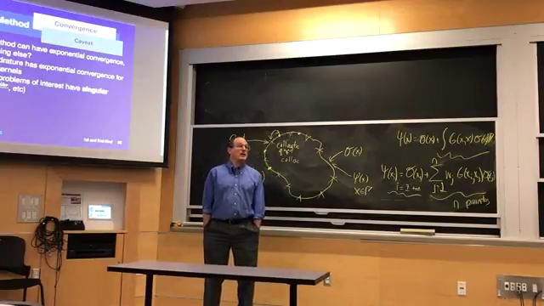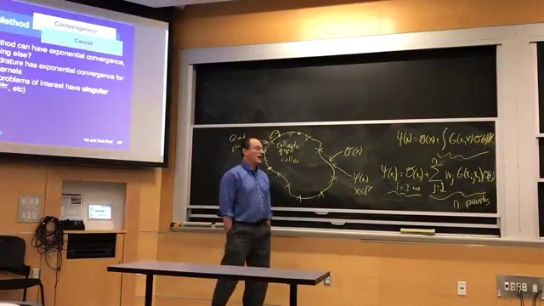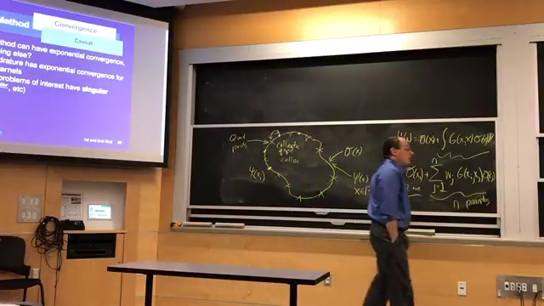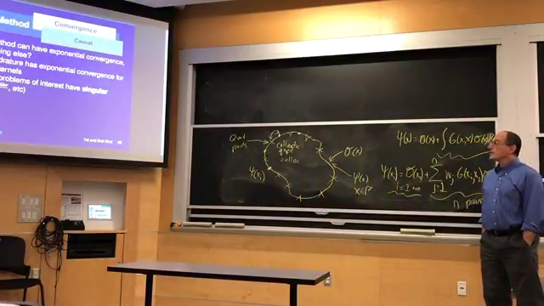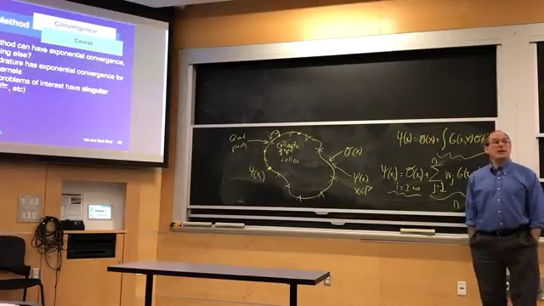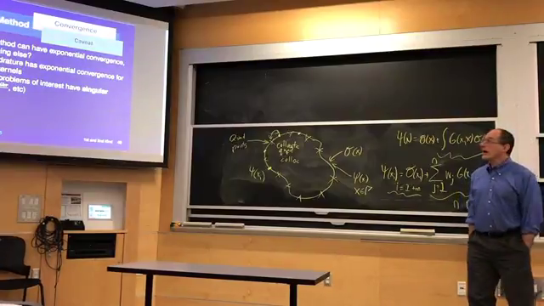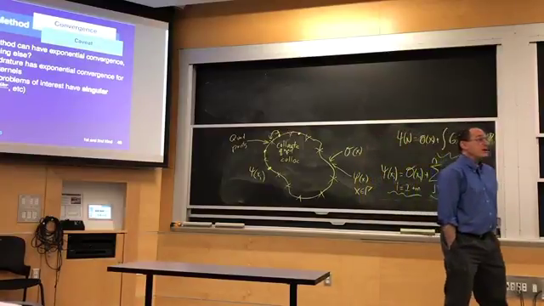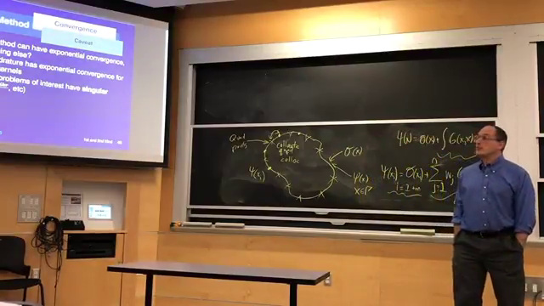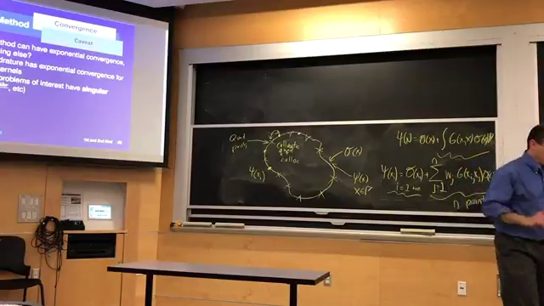1 over r, or e to the ikr over r if you're doing a Helmholtz problem. So if we're talking about potential flow, or most of the physical problems, we're interested in Laplace's equation, the Helmholtz equation. Most of the PDEs have kernels, the thing that goes inside the integral, that do have singularities in them, which means these Nystrom methods don't work.